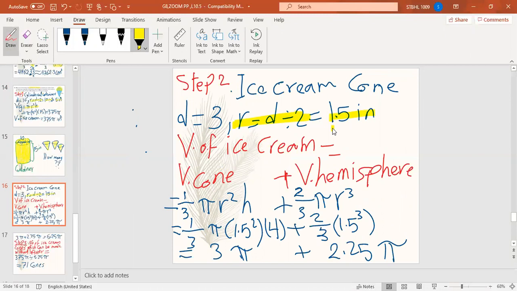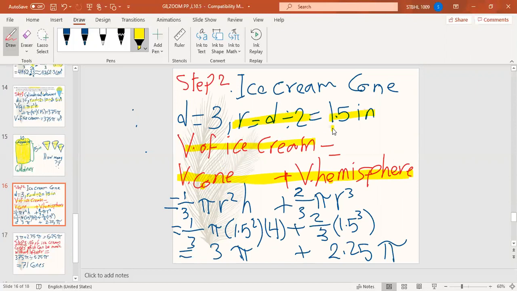Because we already solved many real life problems, we can find the volume of the ice cream cone in one step, since now we can work with more than one formula in the same step. Volume of the ice cream equals volume of the cone plus volume of the hemisphere.